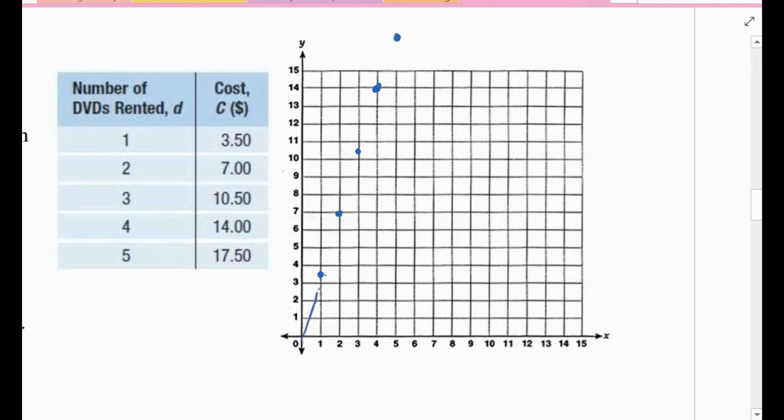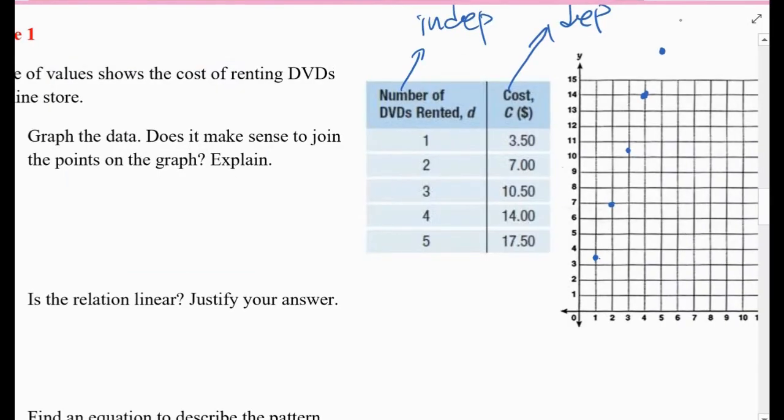If we join the points, that means there are infinitely many points in between 2 points. But we cannot put any more points other than whole number points. Therefore, we do not join the points. Make sense, everyone? If you do not join the points, that's called discrete data.